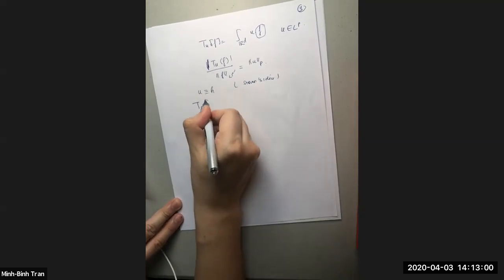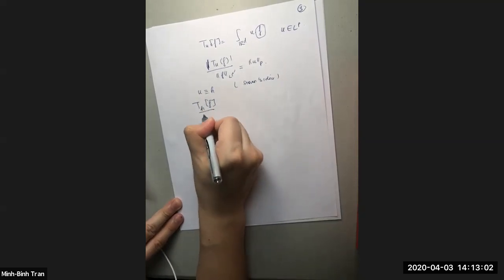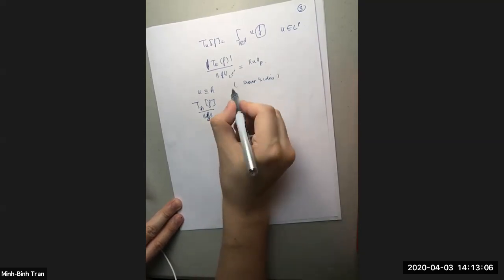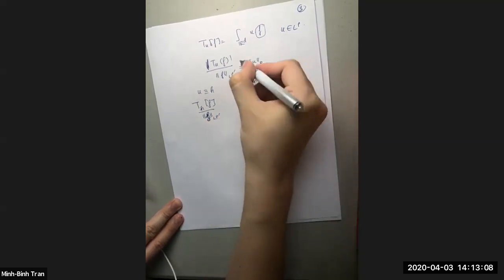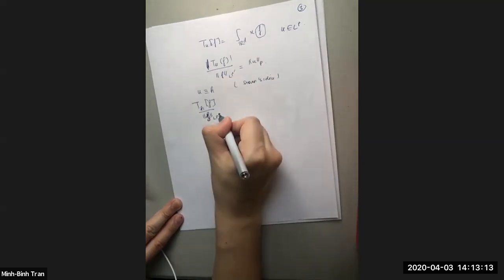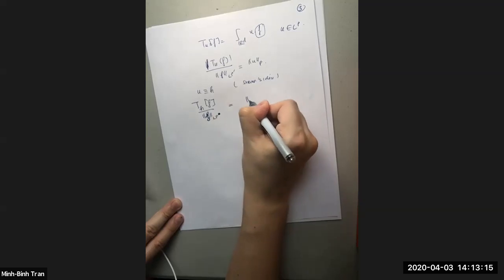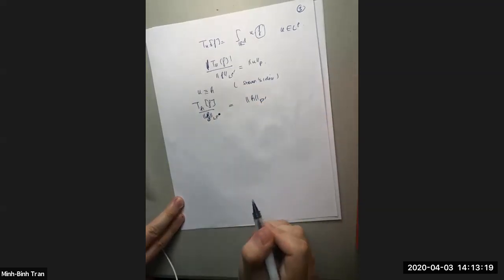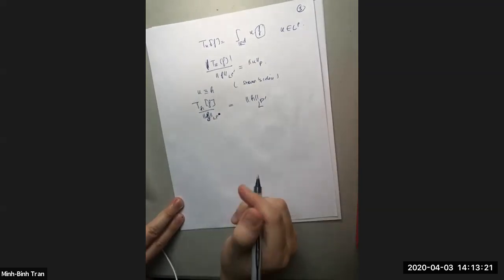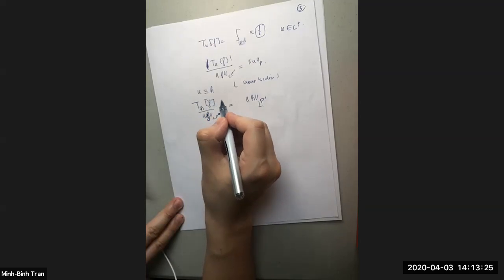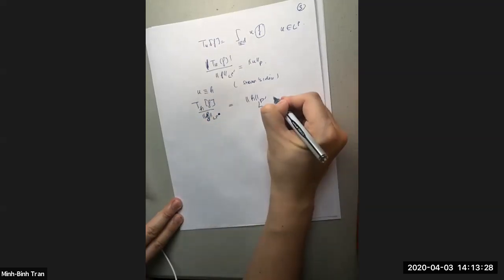So in this case, T_h of f over the norm of f in LP prime, we have strict p parametry, so this is going to be p, and this is going to be the norm of h in LP prime, right? And because this is 0 for all of the v or f, then this has to be 0, right?